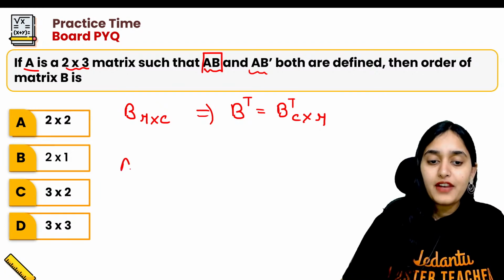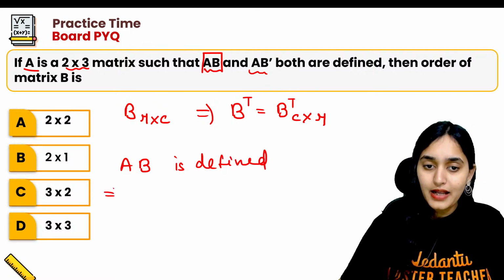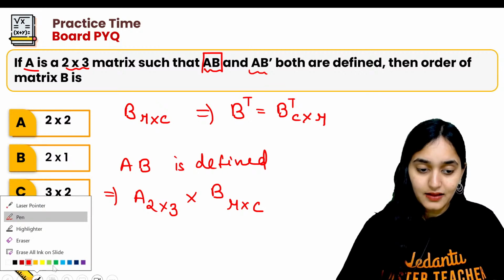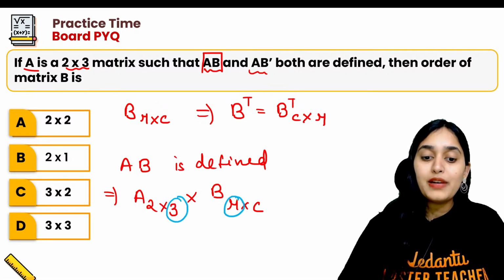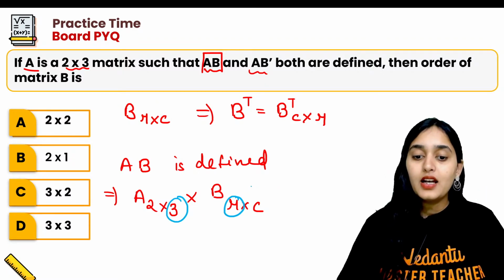Now, if A into B is defined, this implies that if A is a 2 cross 3 matrix and B is an R cross C matrix, then basically the row of B matrix and the column of A matrix should be same, right?